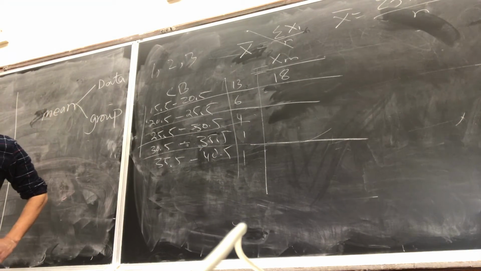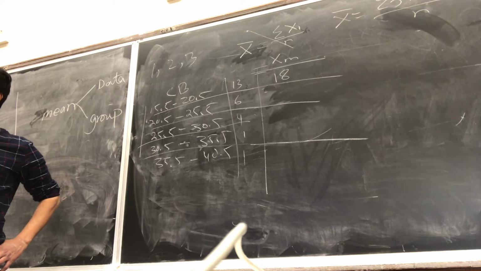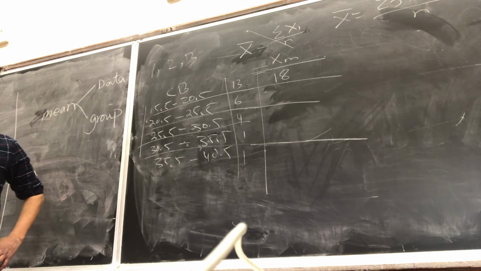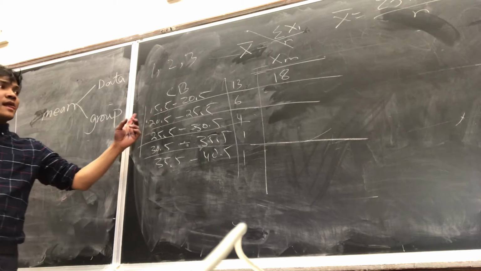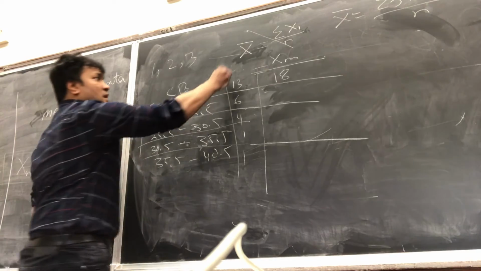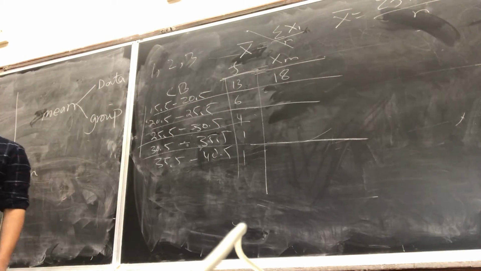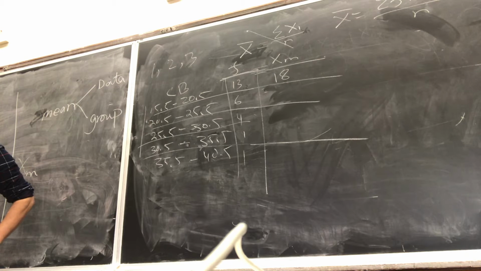Do it again. You had 20.5 plus 25.5 divided by 2, right? What's in the middle? The frequency? Frequency is always given.